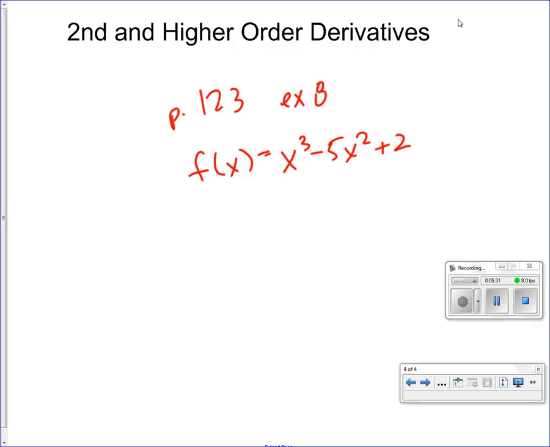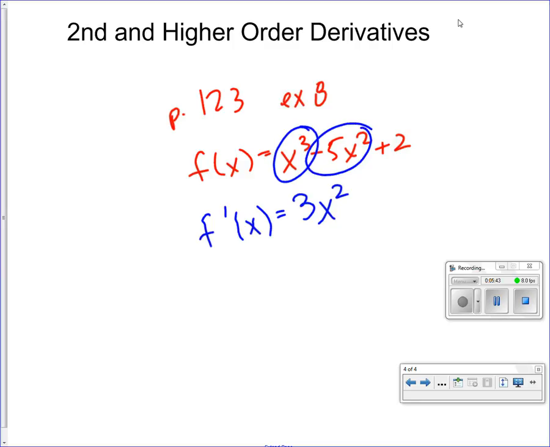So let's find the first derivative. Take the derivative of x cubed, it will be 3x squared. Take the derivative of minus 5x squared, it'll be minus 10x, because I'm multiplying the 5 and the 2. And then lastly, derivative of 2 is 0. I don't need to write plus 0. So that's the first derivative.